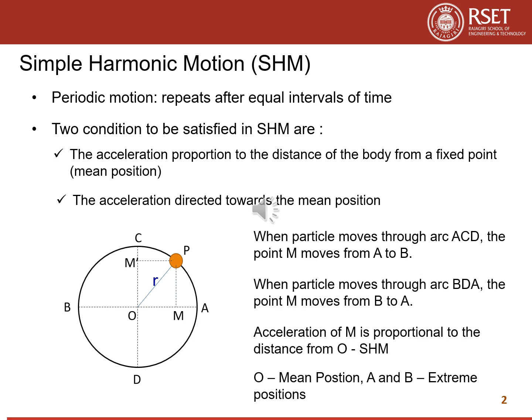When the particle moves along the arc ACB, the projection M moves from A to B. Similarly, when the particle moves along the arc BDA, the point M moves from B to A. Now, in this, O will be the mean position and A and B are the extreme positions.